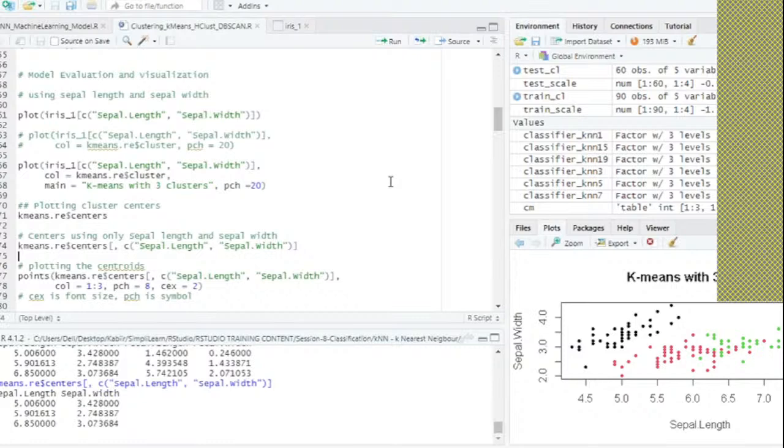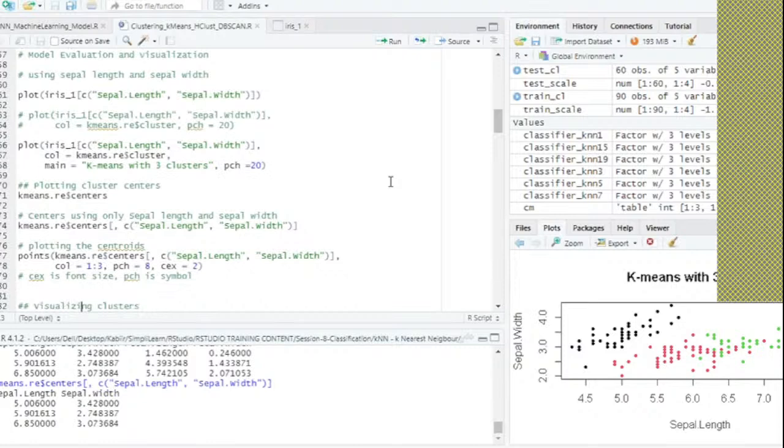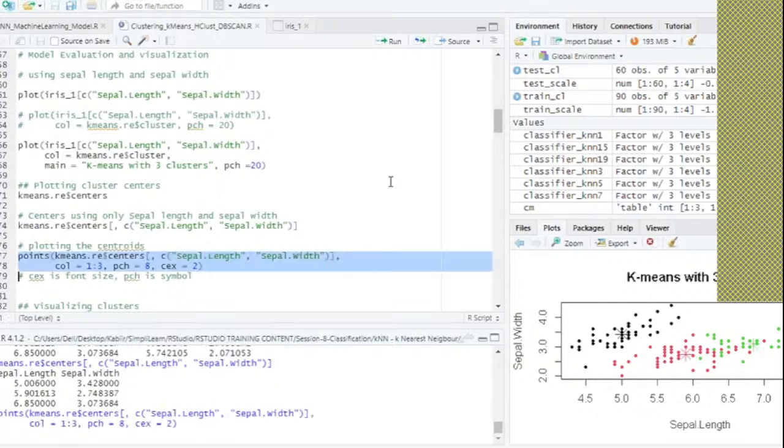And I'm plotting these centroids in the visualization using line number 77 and 78. You'll see the centroids. PCH, I'm using 8, star. 8 is a PCH plotting character which gives me a star.